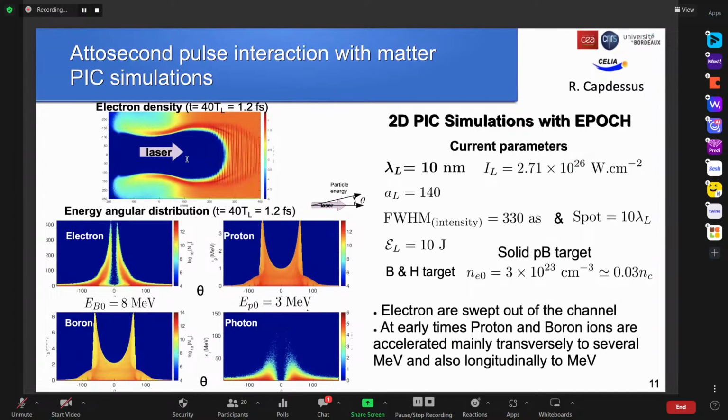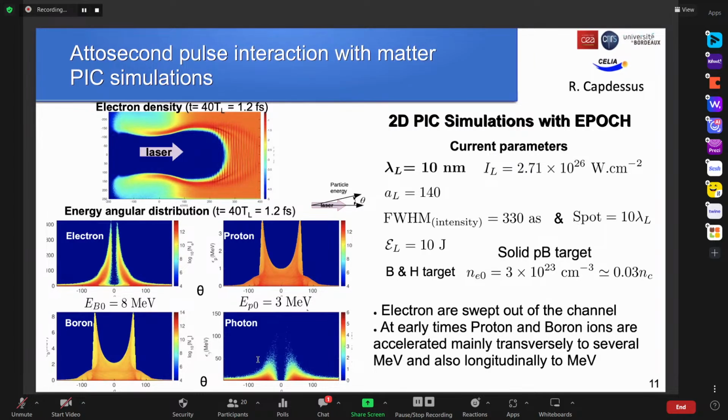Here you have some example of results. Here's the electron density at an early time where the laser is starting to create a channel in the proton-boron target. At these early times, we see that we have efficient acceleration of electrons, and for now, it's mostly transverse acceleration of protons and boron ions, because you have the energy on the y-axis and the angle of emission on the x-axis.